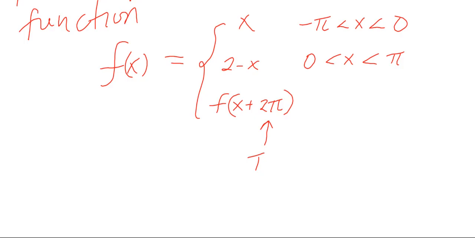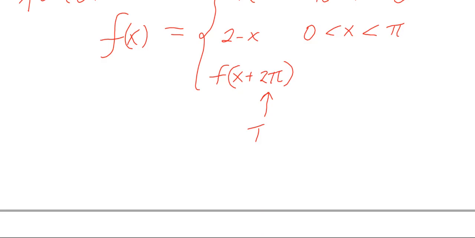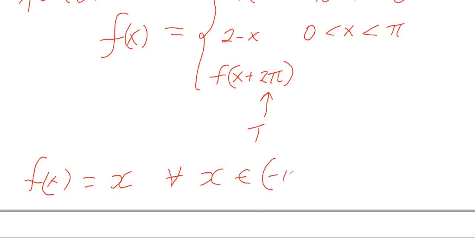And within that region, from minus pi to 0, the function is given by x, the first line here. So you see that the first line says that f of x is equal to x for all x in the interval between minus pi and 0.